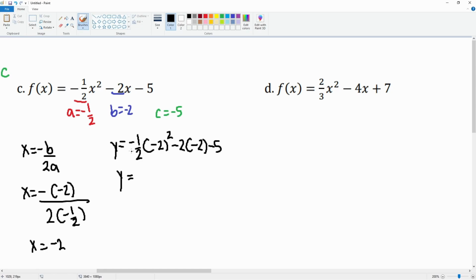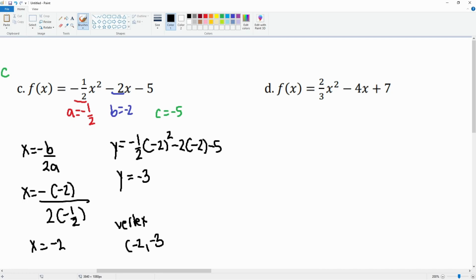Just plug that into the calculator. Negative 1/2 times negative 2 squared, minus 2 times negative 2, and then minus 5. Okay, and it says it's negative 3. So the vertex here is the point negative 2 comma negative 3.